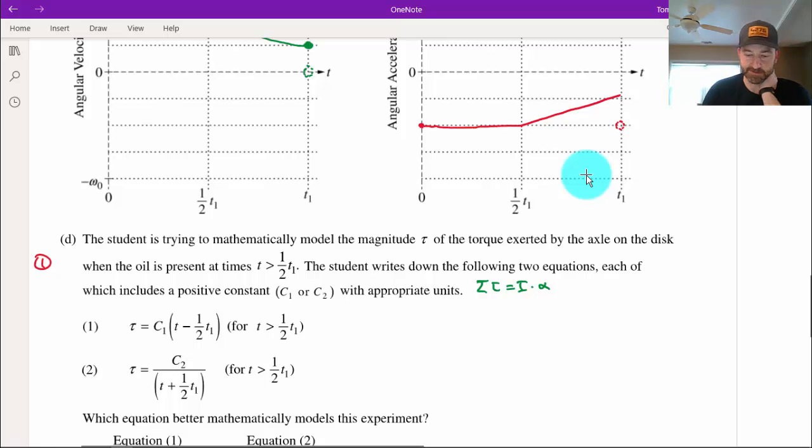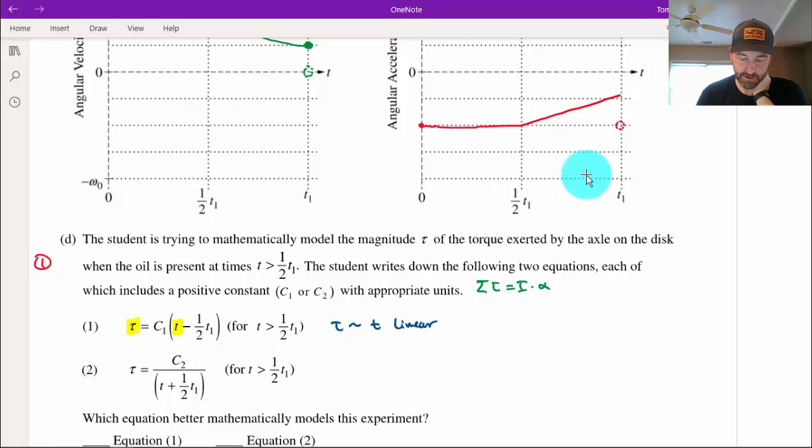So it's tempting maybe to look at this equation 1 and say, well, torque is kind of linearly dependent upon time, which means angular acceleration would be linearly dependent upon time. This is essentially saying torque is proportional to time. That's what that equation boils down to. You're taking time minus a constant multiplied by a constant, but in a nutshell, it's a linear equation.